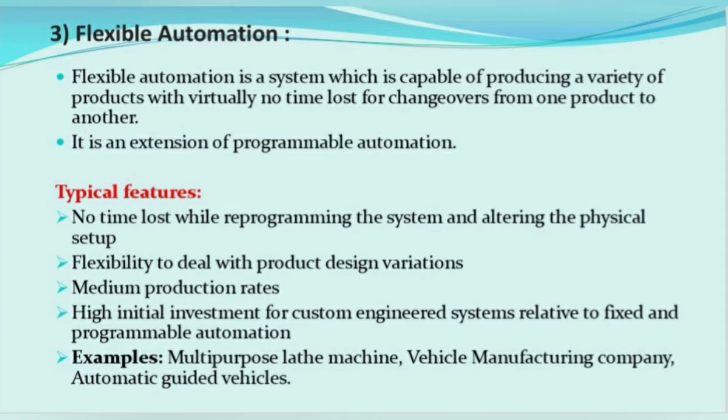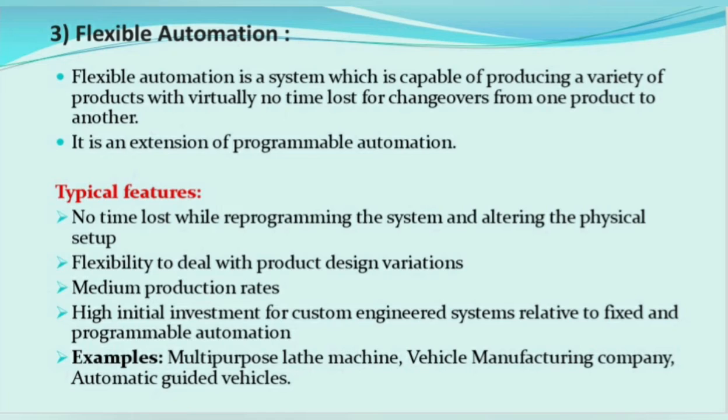The third type of automation is flexible automation. It is an extension of programmable automation. In this automation, a different variety of products are manufactured with virtually no time lost for changeovers from one product to another product.